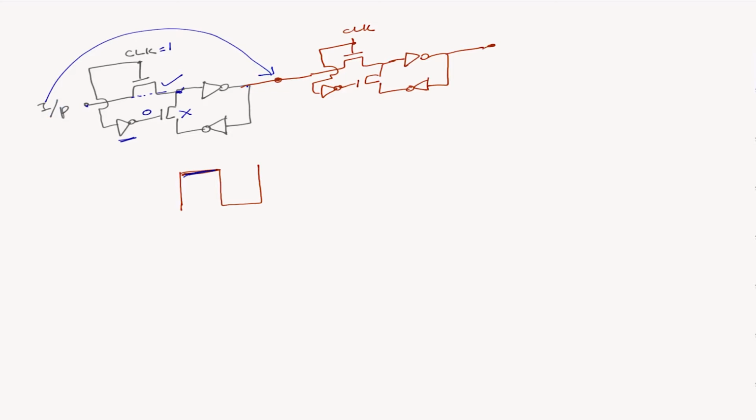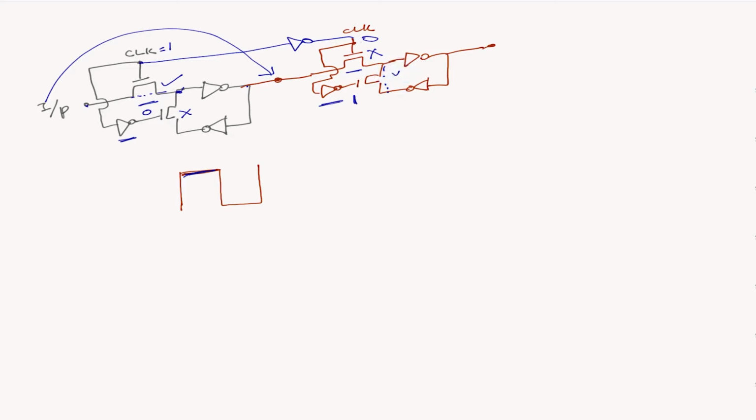Now let's see what's the state of the other element. One other thing I missed: the main clock goes to this switch, and this other switch gets an inverted version of the clock. So when this is 1, this is 0. When this is 0, this is off. When this is 0, this one is 1, and this one is on.